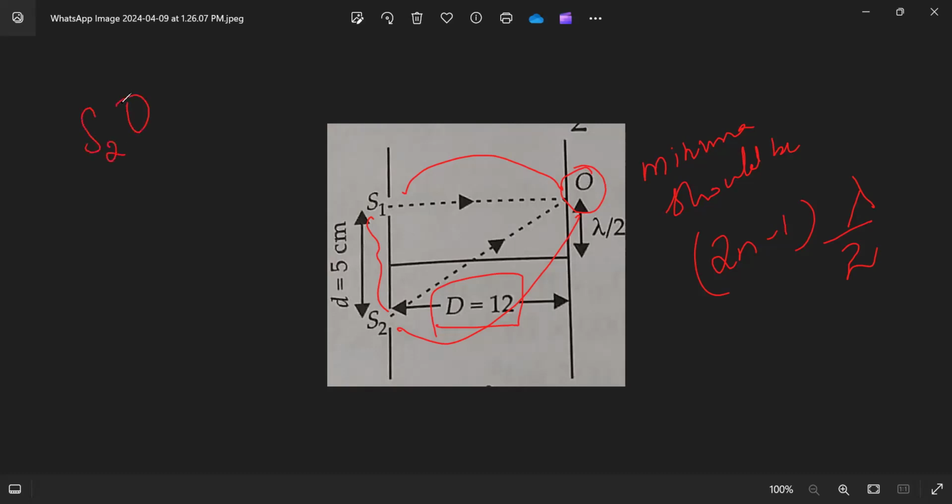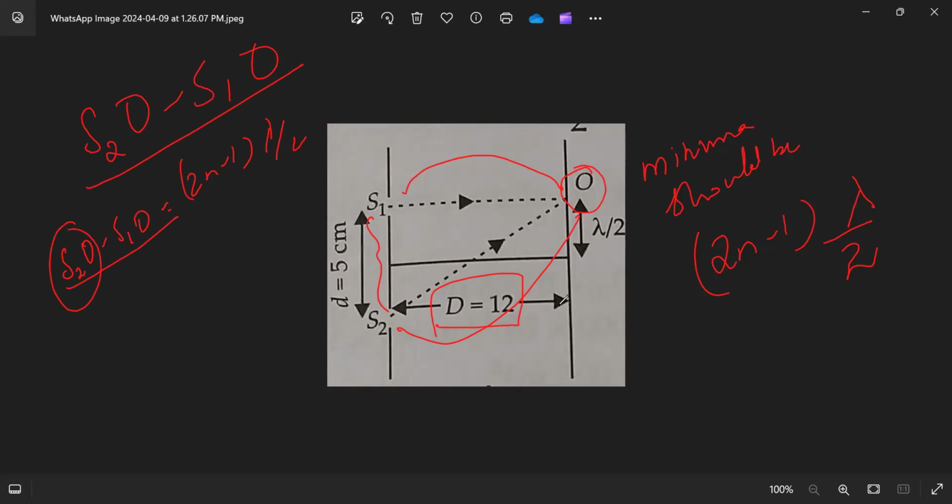I'll write down here S2O minus S1O is equal to my minima. What is my minima? S2O minus S1O is equal to 2n minus 1 into lambda by 2. And what is my S2O minus S1O? That is basically, what is my S2O?